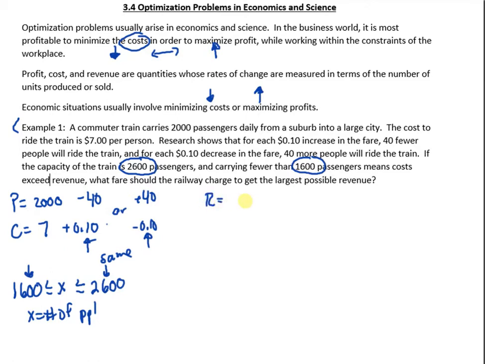Okay, a recap from grade 11. For the revenue, we have to make a formula so that one expression is the number of passengers and the second one is cost per passenger. The number of people that ride is usually 2,000, and it is going to go up or down. So let's say down 40x, per increase.